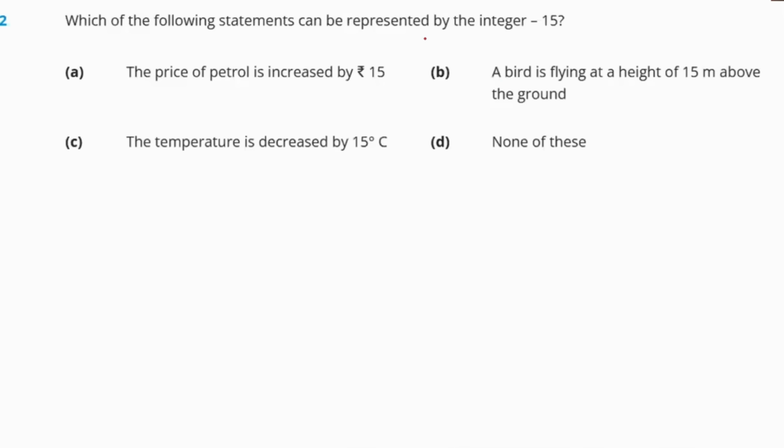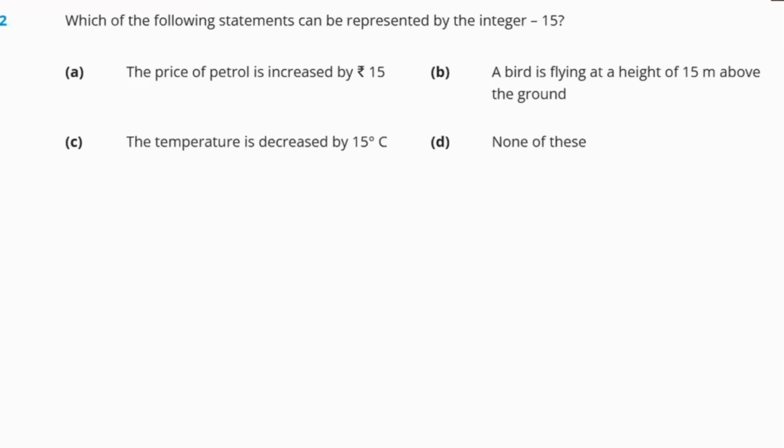Which of the following statements can be represented by the integer minus 15? The price of petrol is increased by rupees 15. It is not decreasing, so we cannot represent it with a negative. In the next case, a bird is flying at a height of 15 meters above the ground. That also we cannot represent with minus 15.